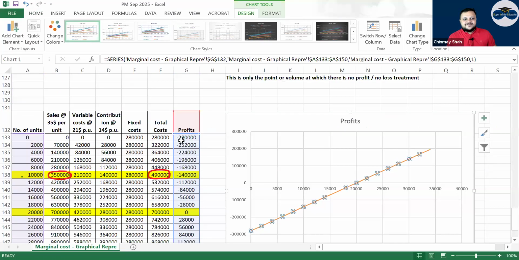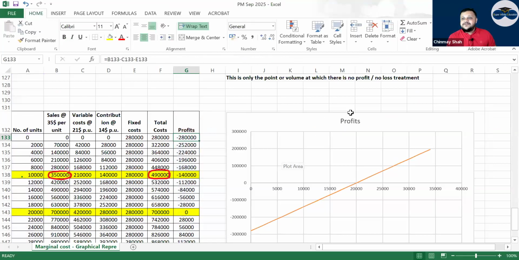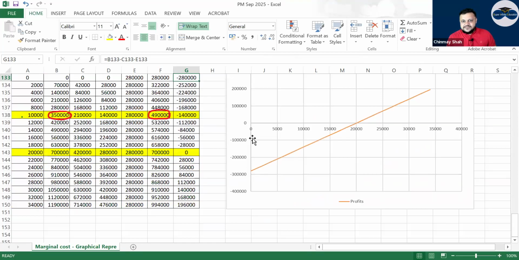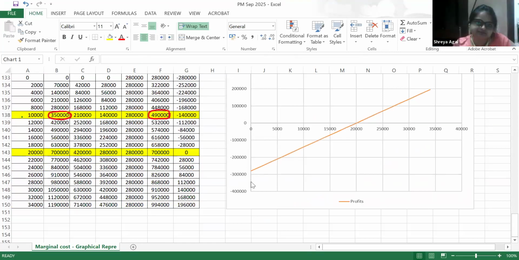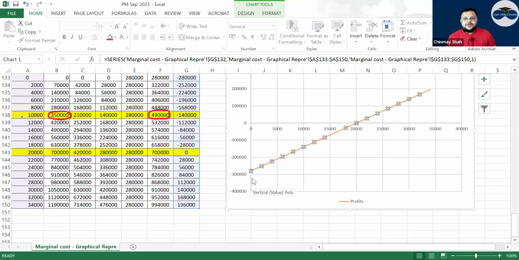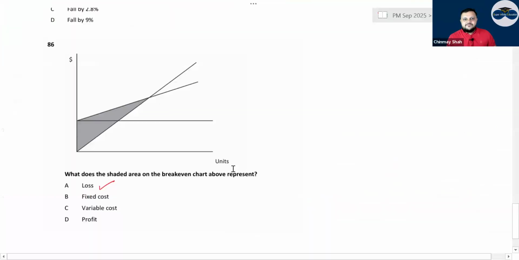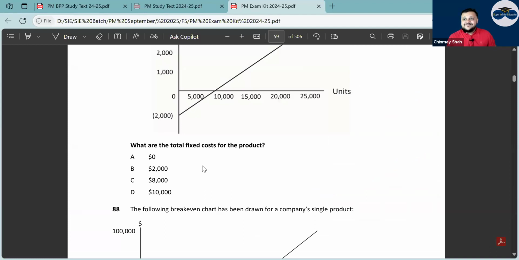See here, at 0 units, how much is the profit? Negative 2,000. That means if I ask you how much is the total fixed cost? 2,000.